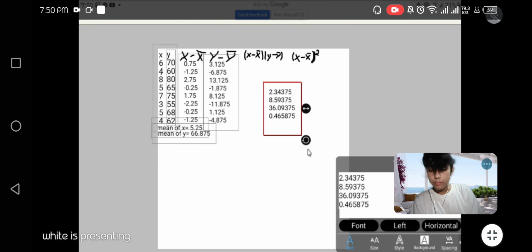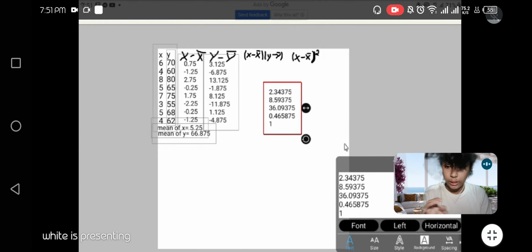Next is the 1.75 times 8.125 is 14.21875.